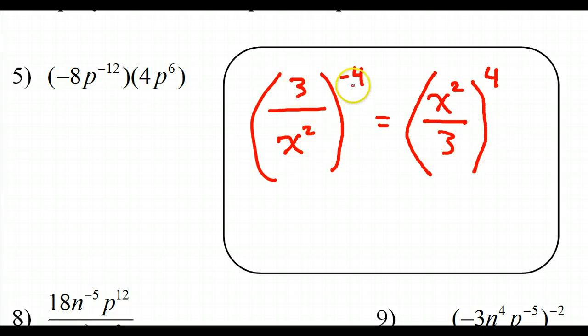So that's what you do if you have a negative exponent on a fraction. And then you can go ahead and do the power. So this would be x to the 8th power, because power to a power you multiply. But this 3, I have to do 3 to the 4th power, so that would be 81, and that would be my answer. Alright, so that's just a brief review of the basic stuff that you see.